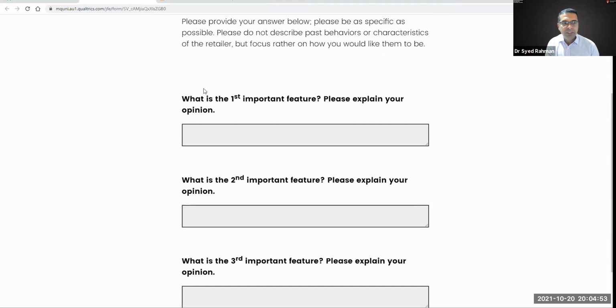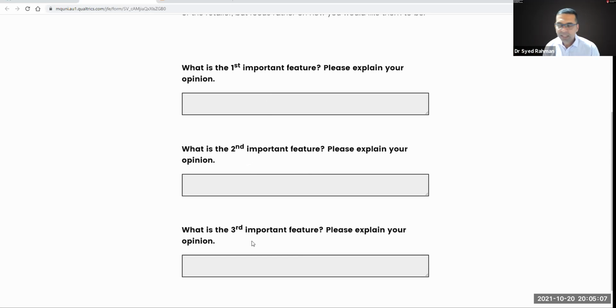And as I was mentioning, try to reduce it as much as possible because the game is yet to start. So you need to just ask them very simply, what is the first important attribute, second, third? They will rank by themselves. Most of the people will respond with the most important attribute first, isn't it?